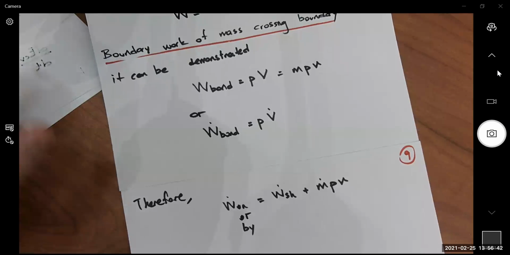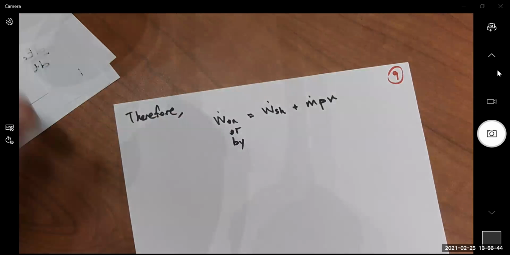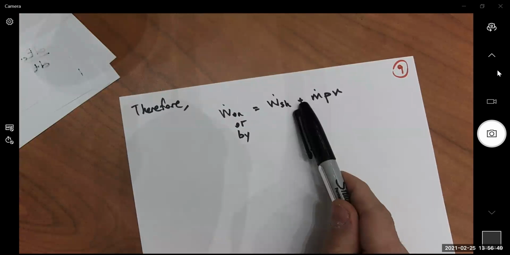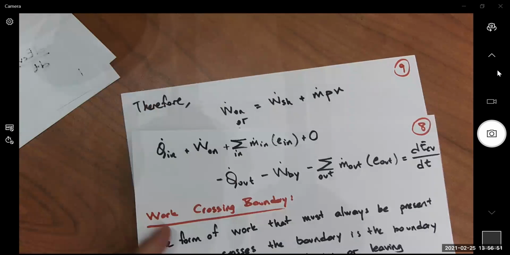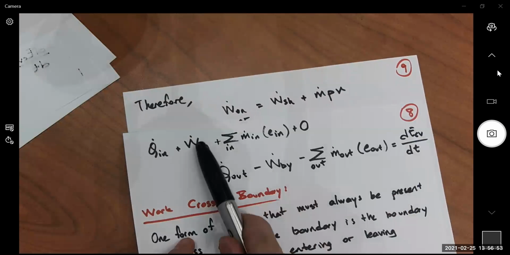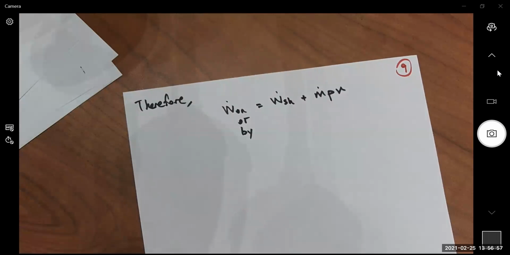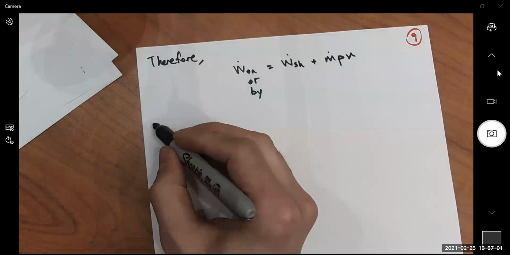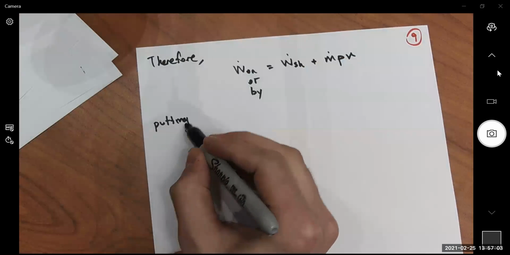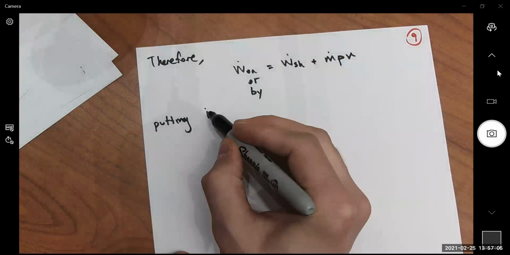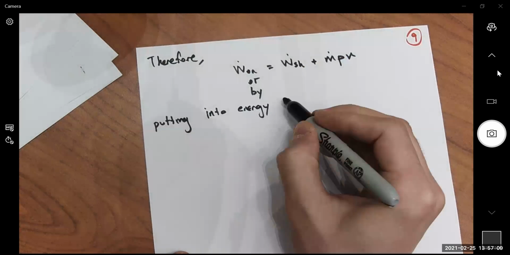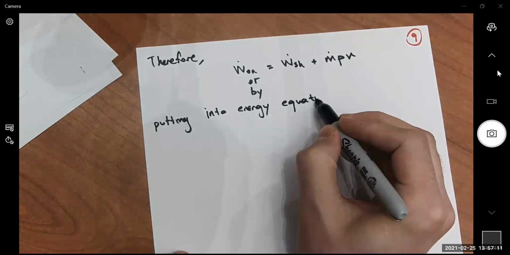Okay. If we introduce this new term to our energy equation up here, let's see what happens. Putting this into the energy equation.